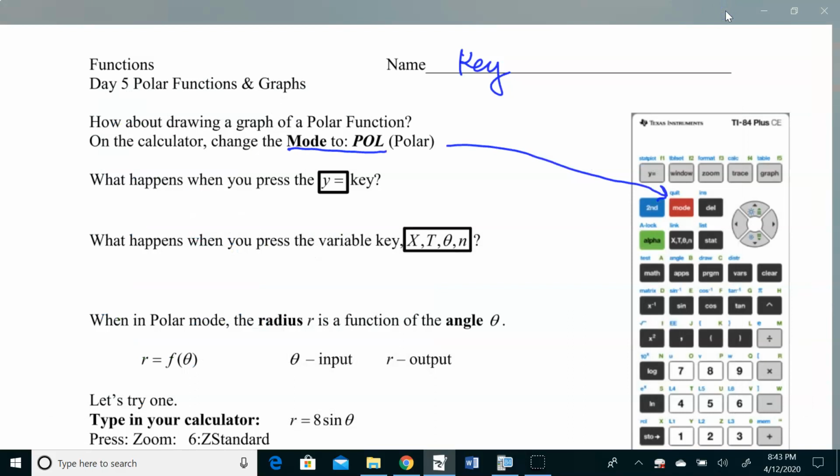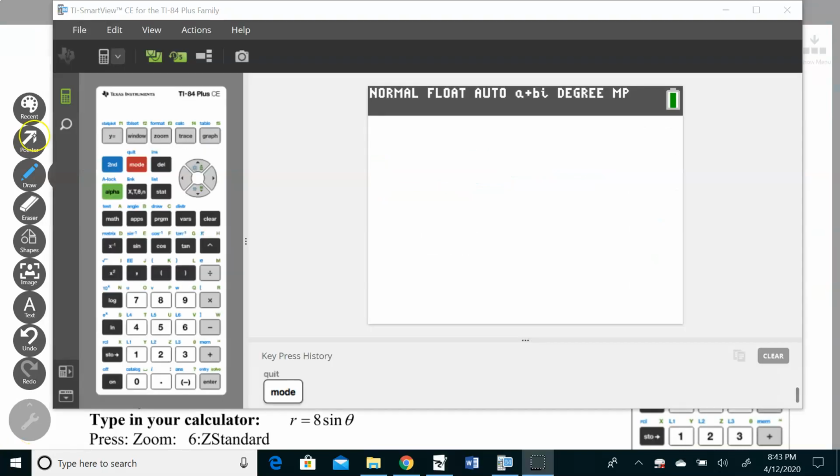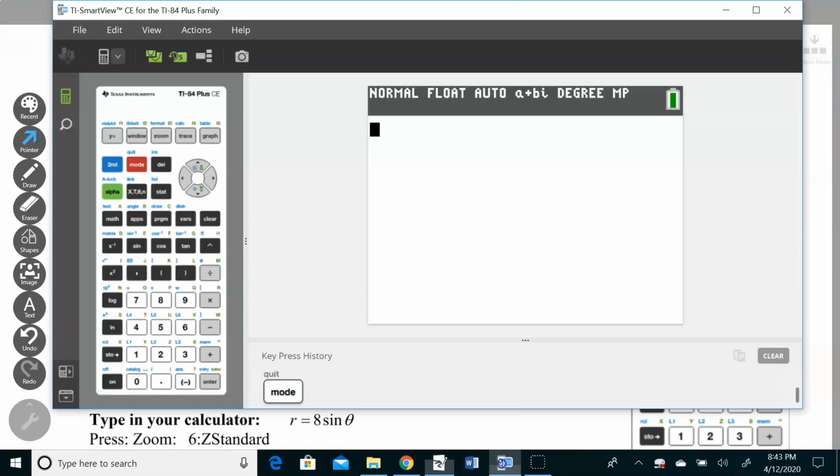So what happens when I press the y equals key? The y equals key is right here. Do I get y equals any longer? Well, let's see what I get. So when I'm in the calculator mode, here I am. What happens when I hit the y equals key?